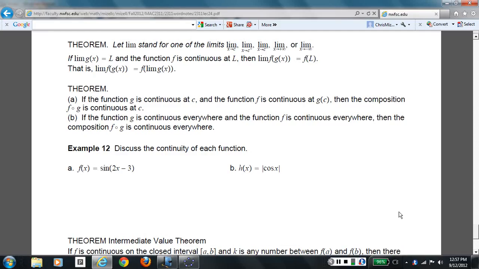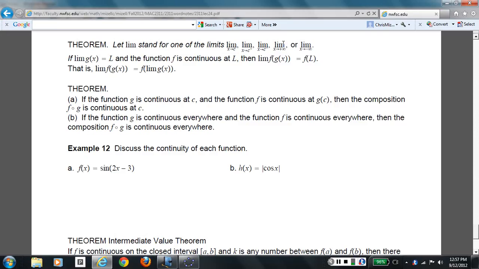The theorem here, there's a lot of possibilities as far as what sorts of limits we could be talking about. Rather than having to write this half a dozen times, we just say take this expression lim and let it denote any one of these possibilities. Maybe a two-sided limit, maybe a one-sided limit, maybe a limit at infinity.